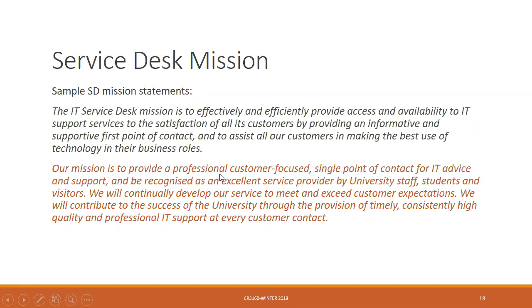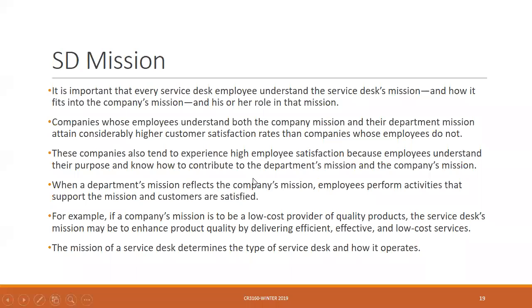And so the IT department has a mission statement which supports the mission statement of the university: to provide professional customer focus, single point of contact, excellent service, continue to develop our service, exceed customer expectations, contribute to the success of the overall mission of the organization.